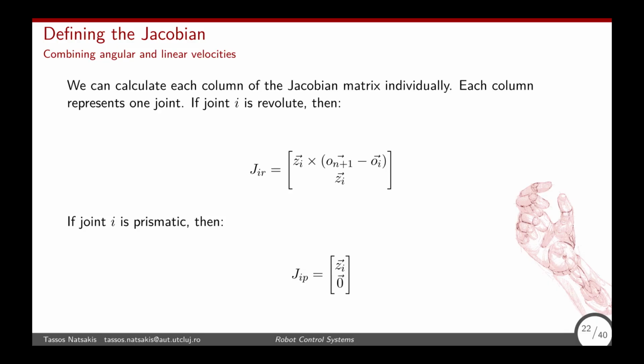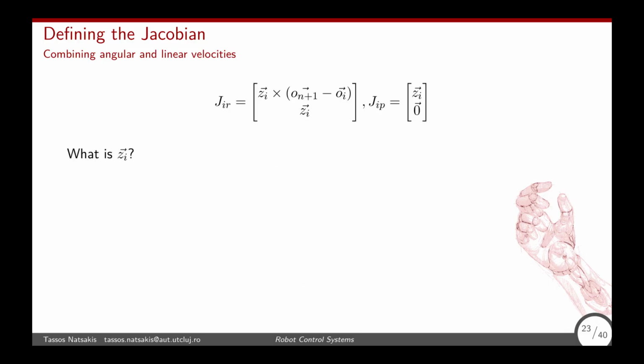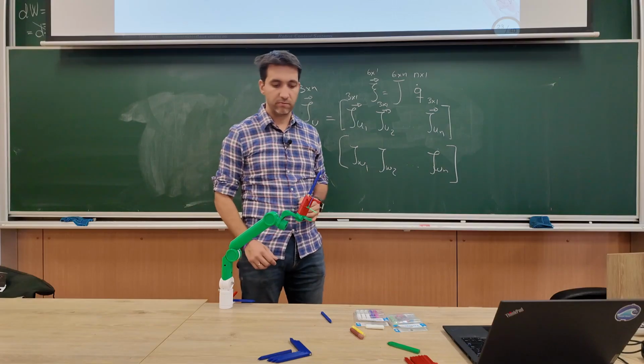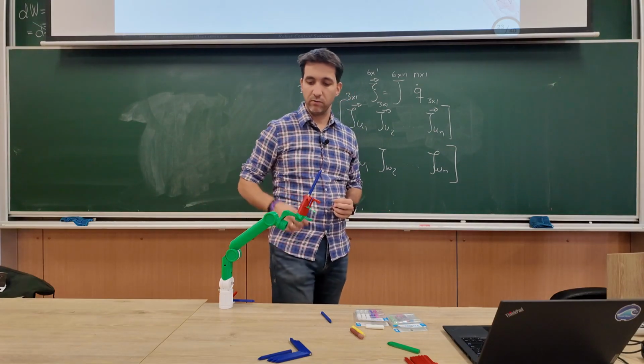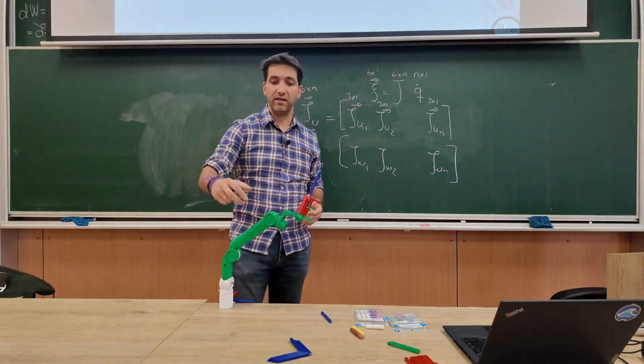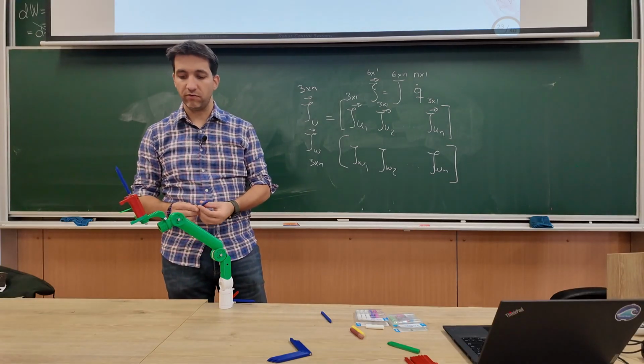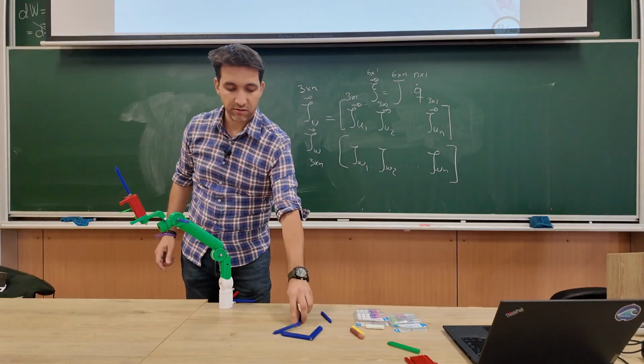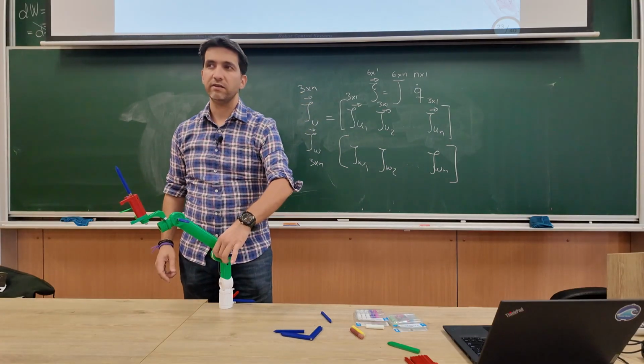All right? Good. What is this Zi? Why did I use this notation? We said that this Zi is the axis of rotation for revolute joints and the axis of translation for prismatic joints. Why do I call it Z?